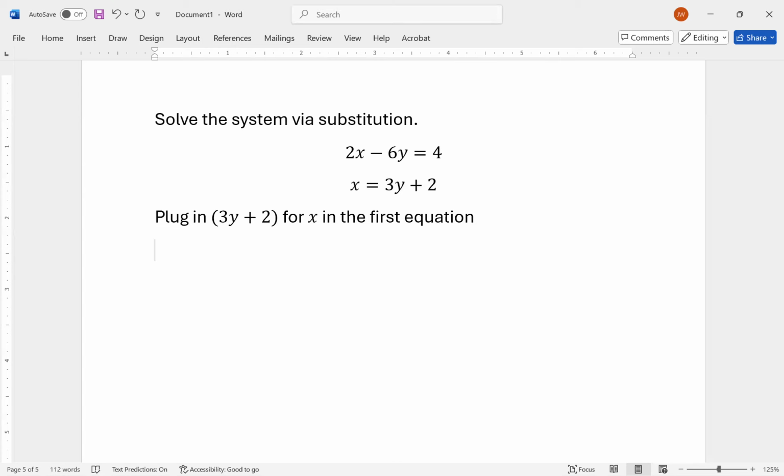Again, that's because we have x equals an expression in y. So I'd take 2x minus 6y equals 4, and I would substitute that x out for 3y plus 2.